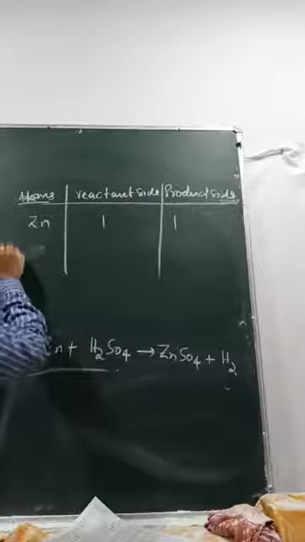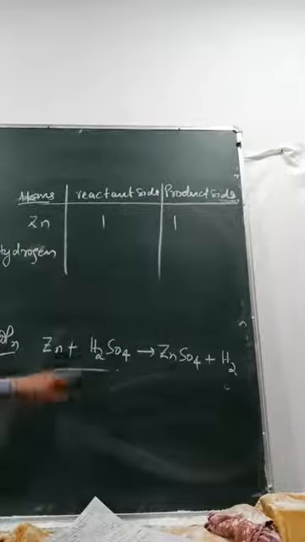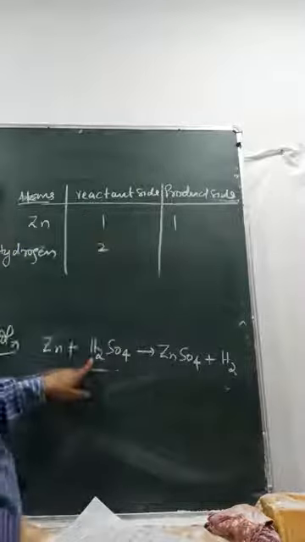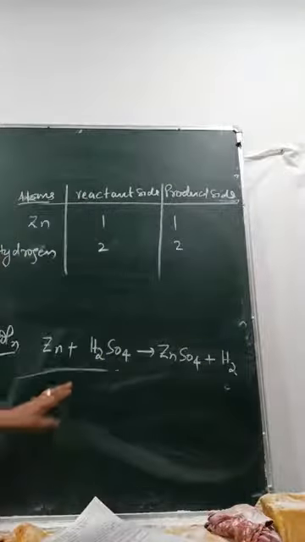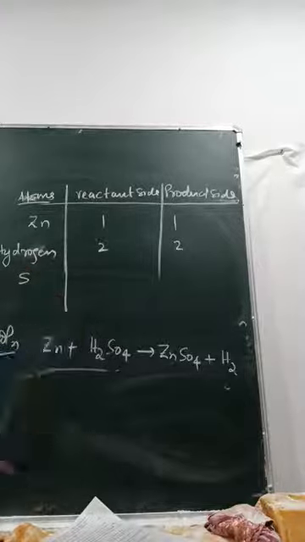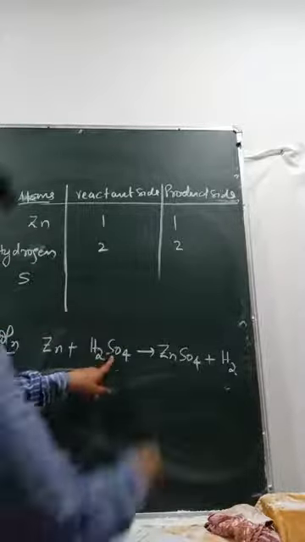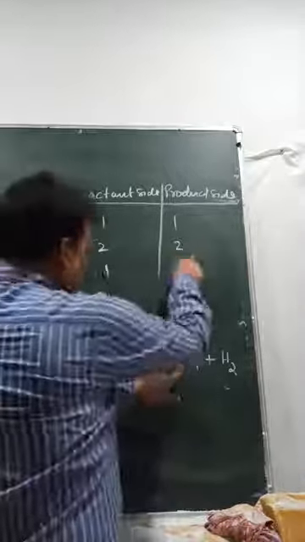If we go to hydrogen, there are two atoms on the reactant side, and here you also find two atoms, so this is also balanced. If I take sulfur, S is 1 here, and on the product side S is 1 here.